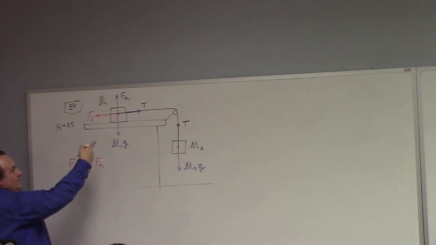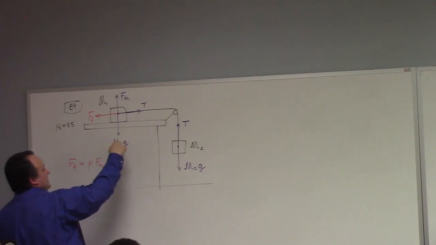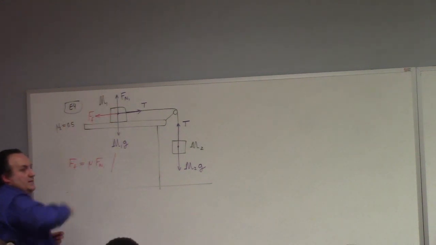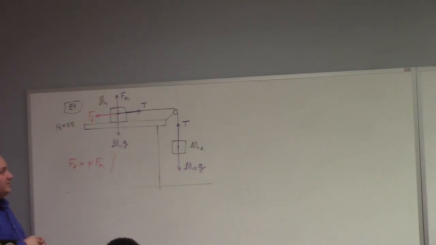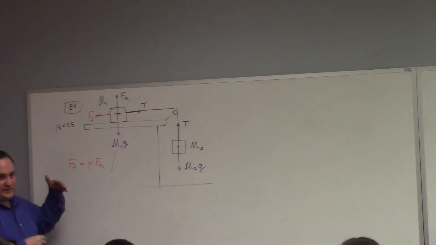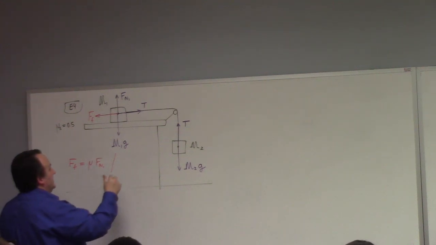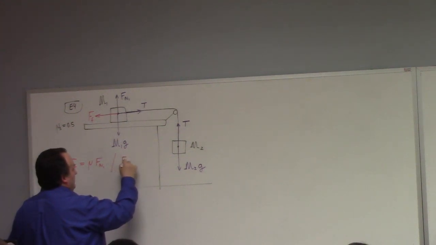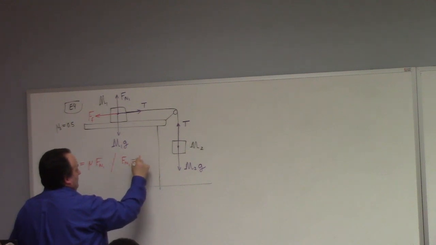But we can see from Newton's second law, the vertical balancing of forces there, on the basis of the fact that m1 is sliding along this horizontal plane, right? The vertical acceleration is 0. Logically, it must follow that Fn1 is equal to what? It must be equal to m1g, right?